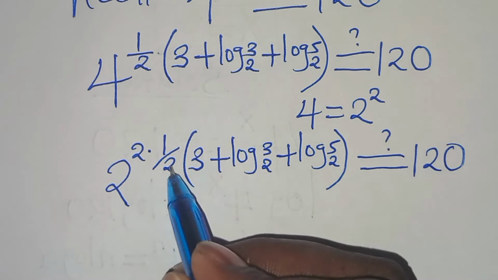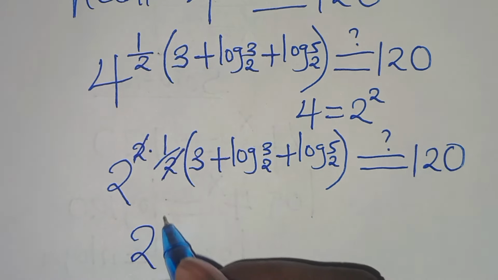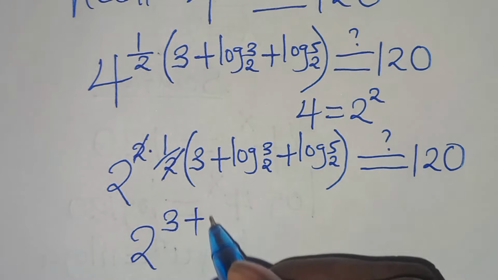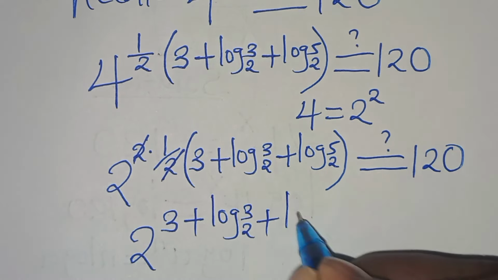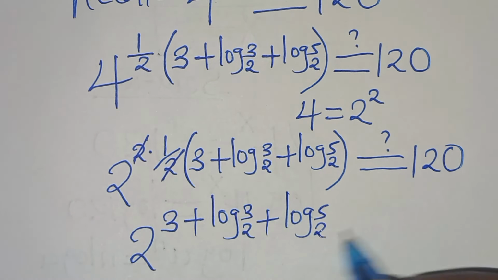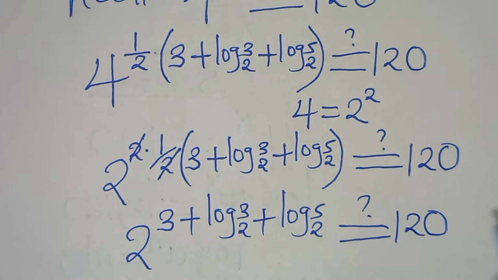So let's simplify here. 2 and 2 simplify so that we have 2 to the power of 3 plus log 3 to base 2, then plus log 5 to base 2. This should give us a value of 120.